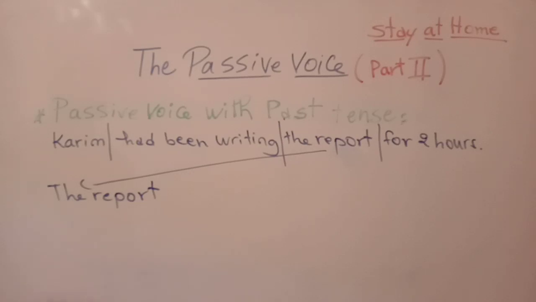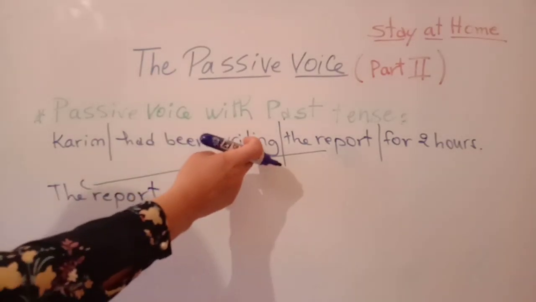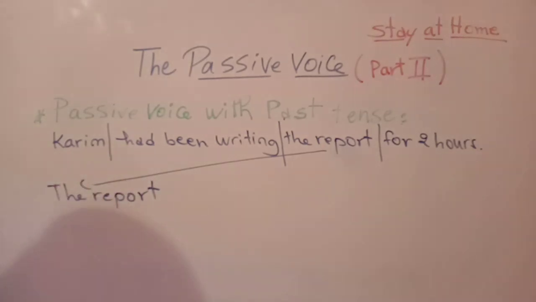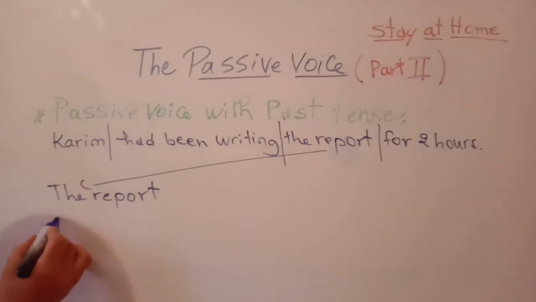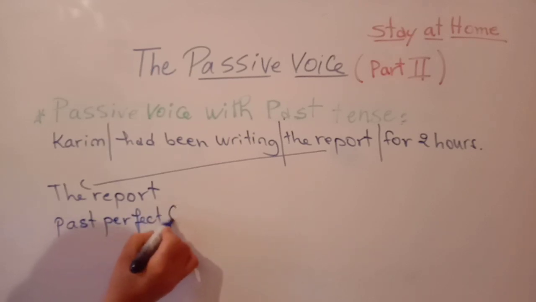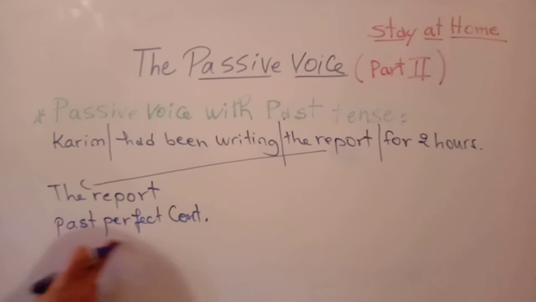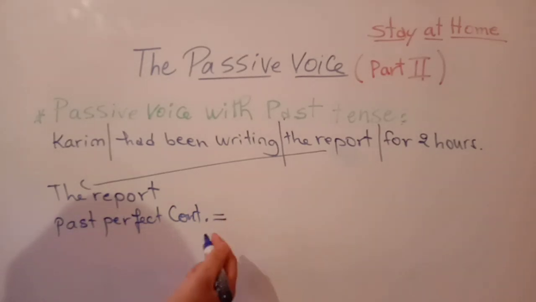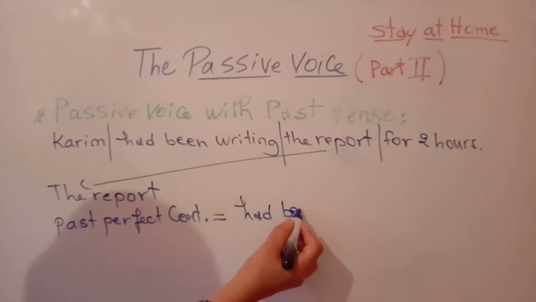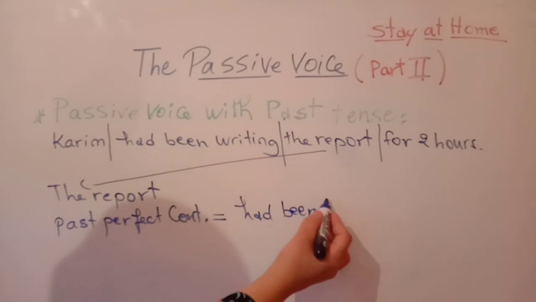So which tense? The tense is continuous and you have the auxiliary had. So of course it's past perfect continuous. So when the tense is past perfect continuous in the active, in the passive we'll have had been being.